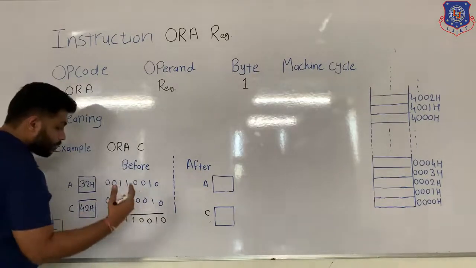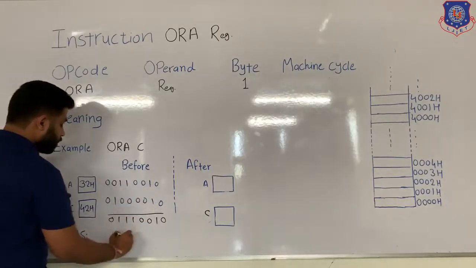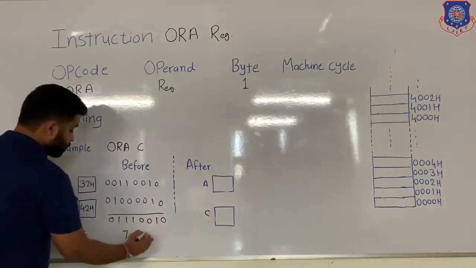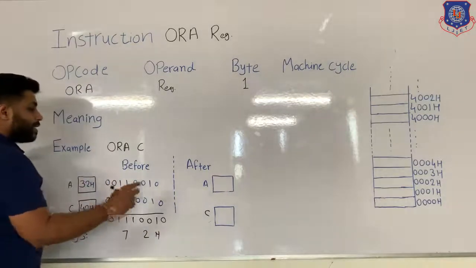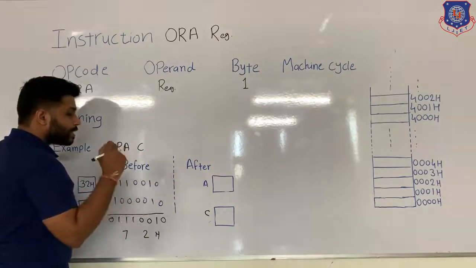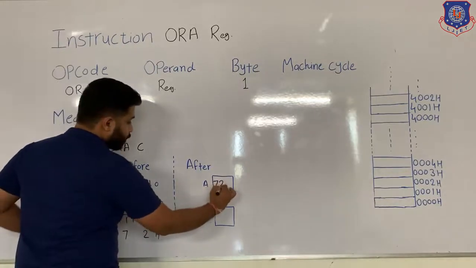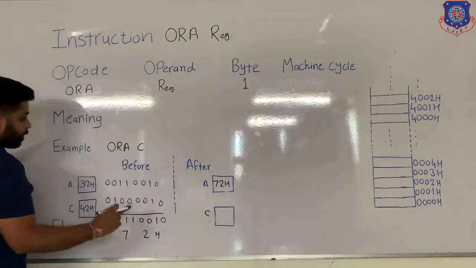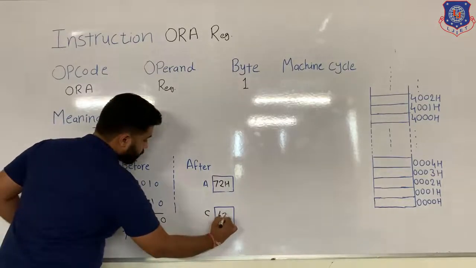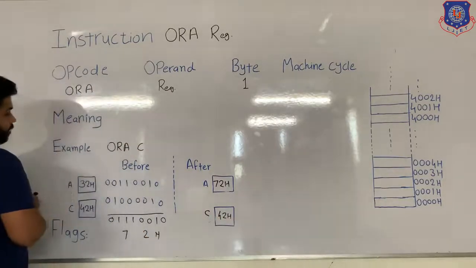If you convert this number into hexadecimal, you will get 72H. So after the execution, in the accumulator we are going to get the answer, that is 72H. And in the register C, the data will remain unchanged. So in the register C, there will be 42H.